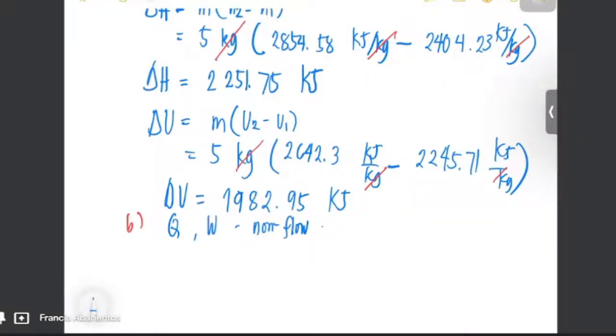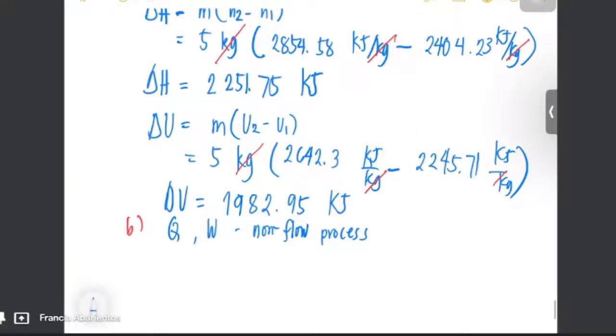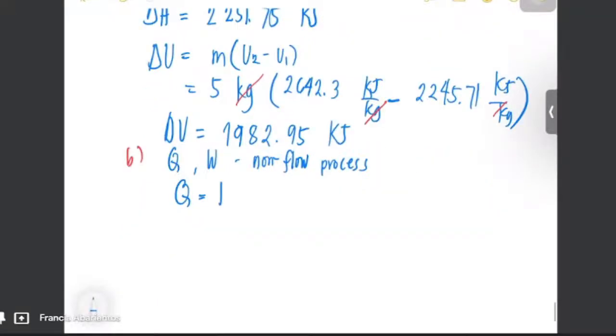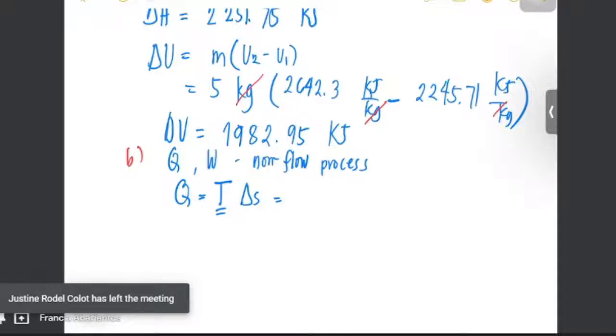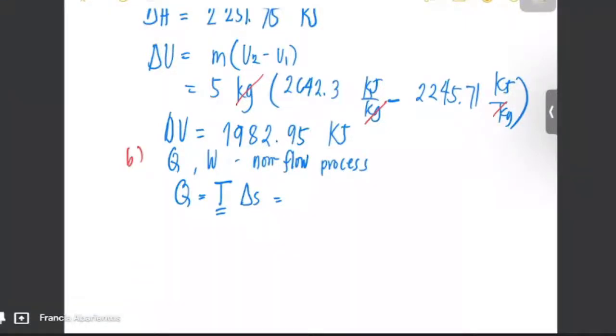Take note sa non-flow process. Since this is a constant temperature, ito yung gagamitin natin. Ang temperature natin is 200 degrees Celsius. Convert it first into Kelvin. Sige nga, anong gagawin niyo para maging Kelvin yan?